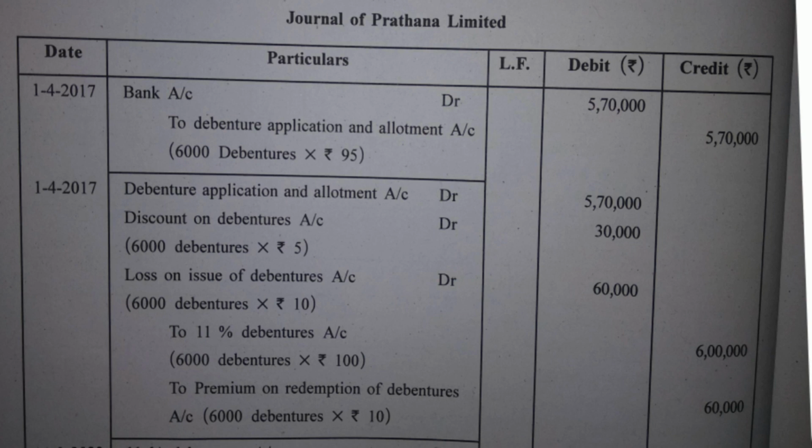So loss on issue of debentures account debit 6,000 into 10. Obviously, if you are receiving 95 rupees for a 100 rupee debenture issued at 95, and on top of that at redemption you return 10 rupees extra compared to the face value of 100, that is a loss, and loss is to be debited. Loss on issue of debentures account debit 6,000 into 10, 60,000. Alright. Further, to 11% debentures account, 6,000 into 100, 6 lakh.